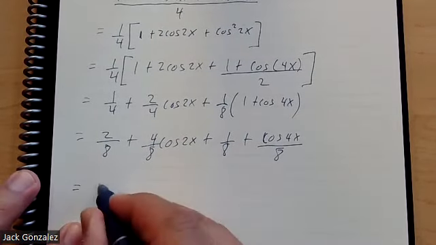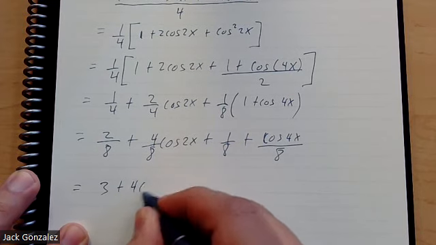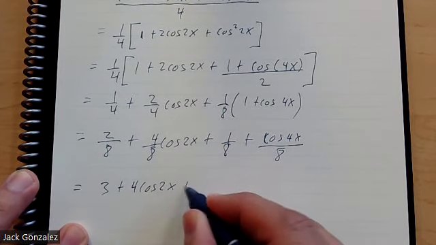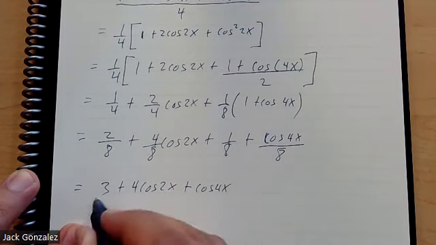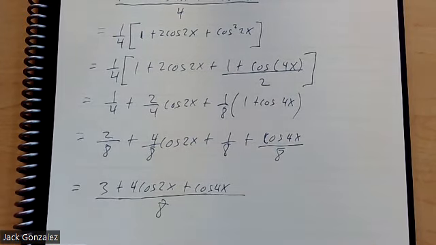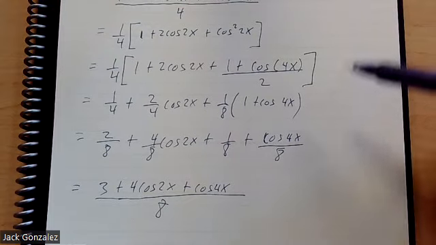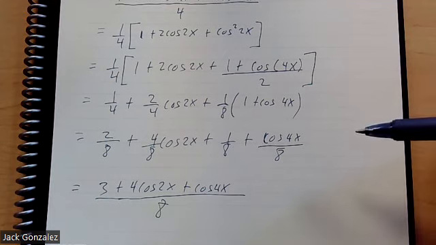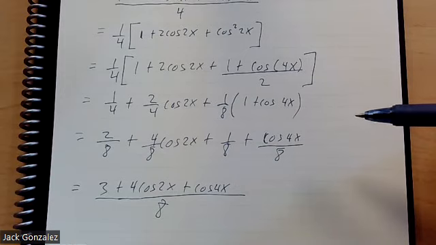So that's cool, I guess. 3 plus 4 cosine 2x plus cosine 4x, all over 8. Okay. Any of the fraction steps bothering you? Is it okay?